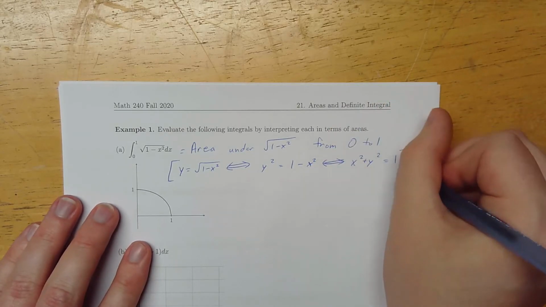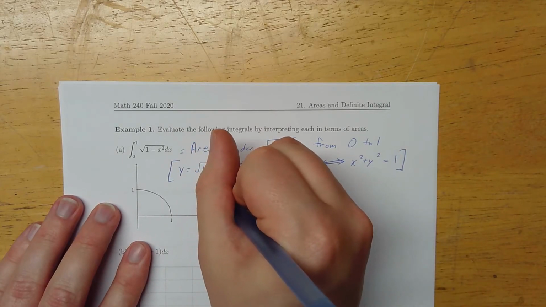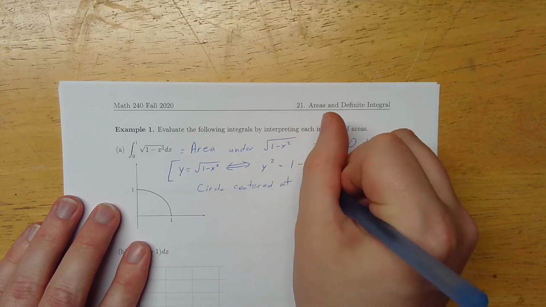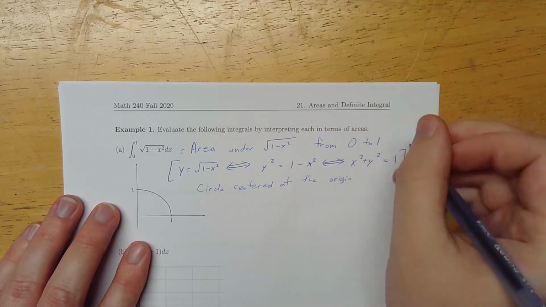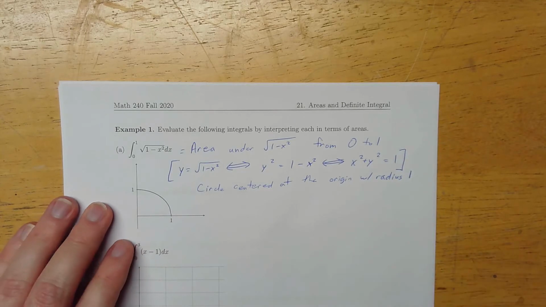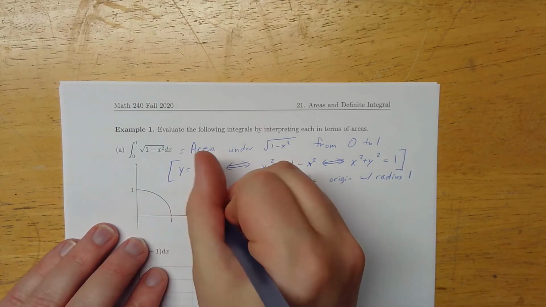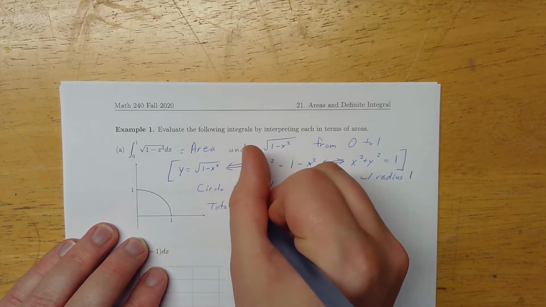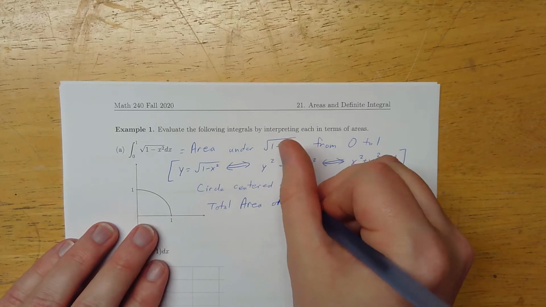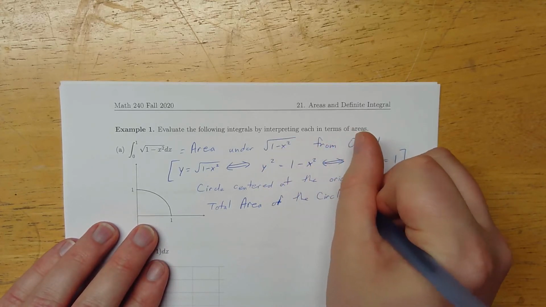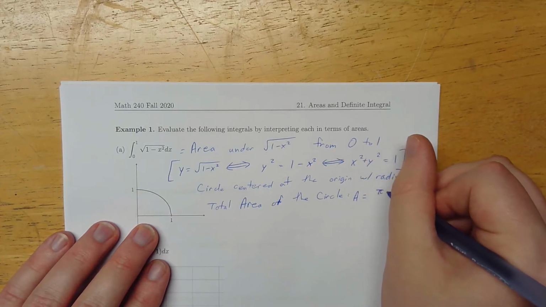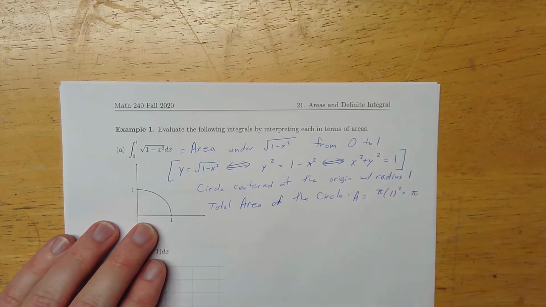So this actually means that we're looking at a circle centered at the origin with radius 1. So notice that the total area of the circle would be equal to pi r squared, which would be pi times 1 squared, which would just be pi.